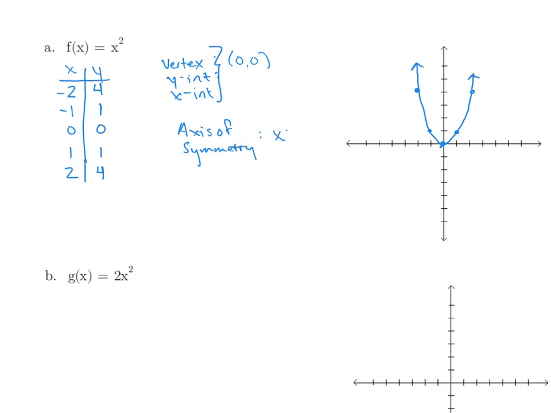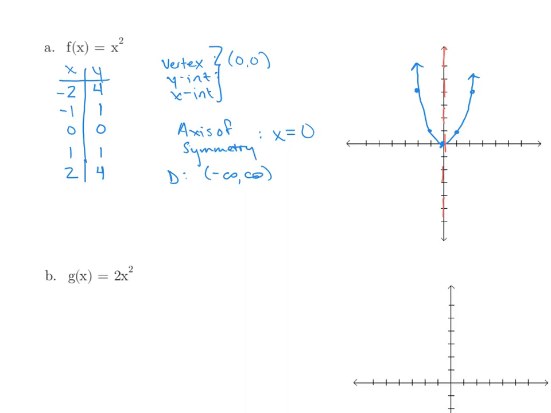Our axis of symmetry is x equals the x-coordinate of the vertex, or 0. In this case, our axis of symmetry is the y-axis. Okay, so we're going to bring in those new concepts of domain and range. Our domain is all real numbers.